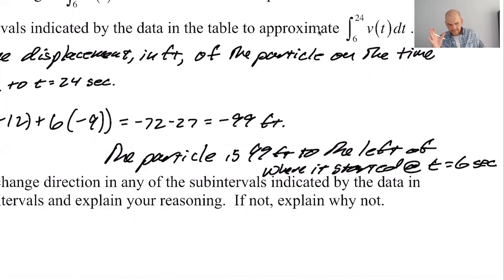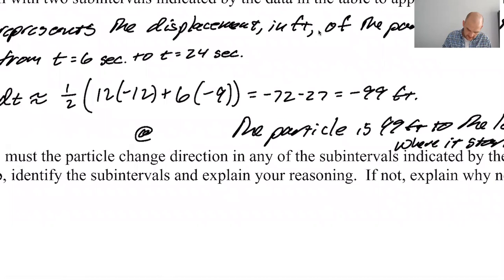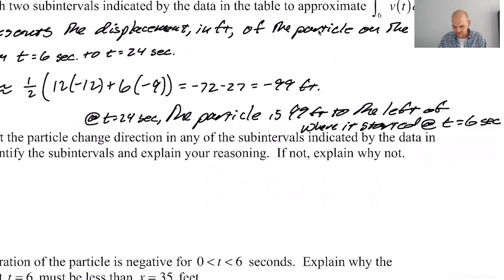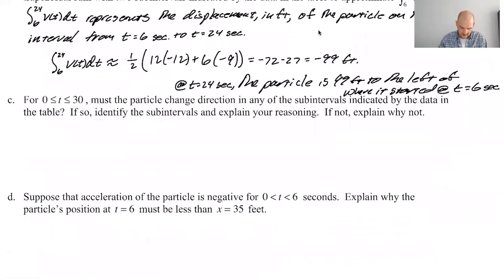Actually, I should say at t equals 24 seconds, the particle is 99 feet to the left of where it started at t equals 6 seconds. I think that's a good answer. The only thing that could be wrong with it is I could have gotten this number wrong, which I hope I didn't, but you never know. 54 plus 144 is 198 divided by 2, 99. I think it's good.